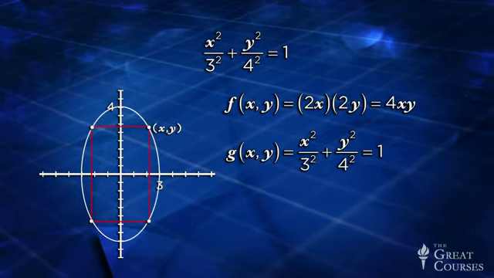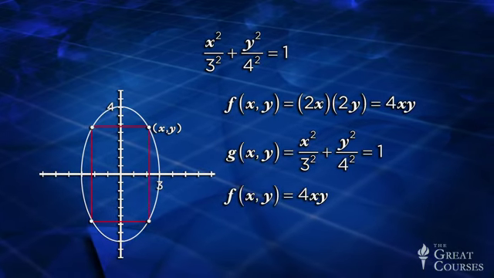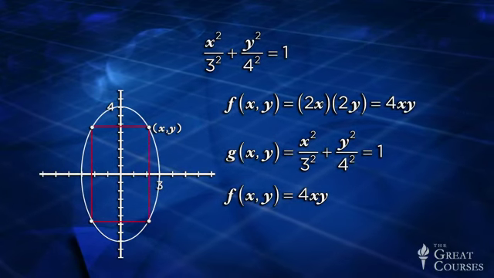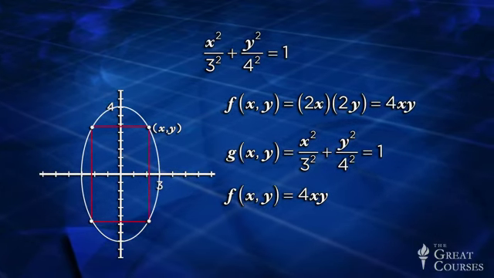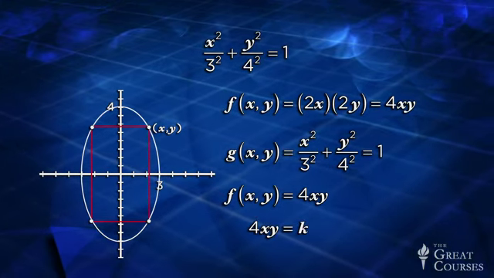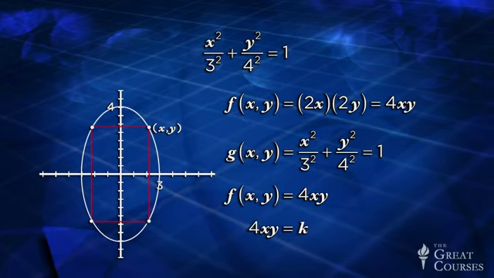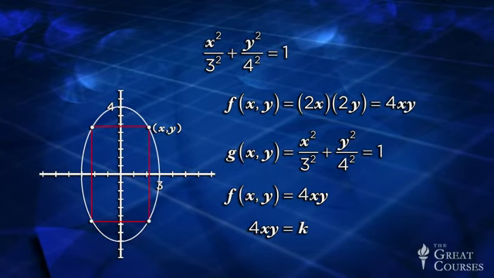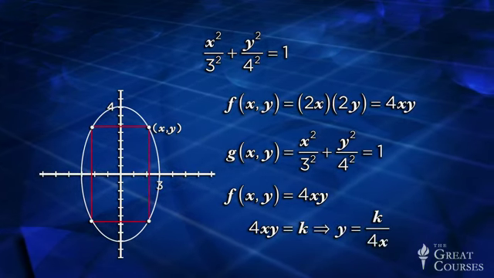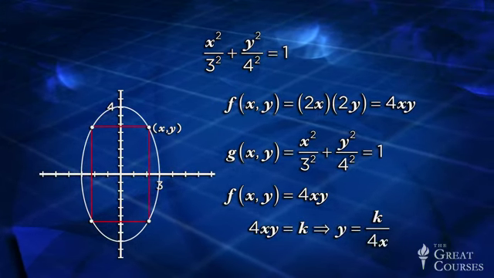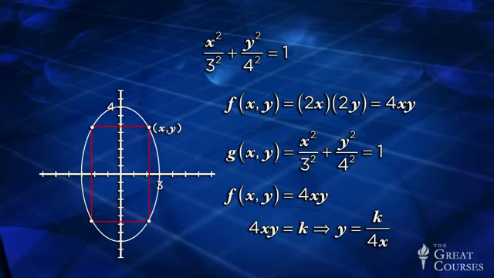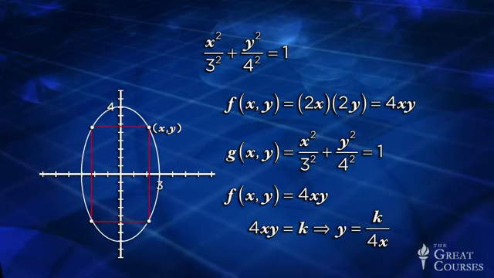Okay, what about the level curves of the function f, which was equal to 4xy? Well, I claim those are hyperbolas. Here's the computation. 4xy equals a constant is a typical level curve of f. Remember how level curves work. You take your function, set it equal to a constant. So 4xy equals k implies that y equals k over 4x.